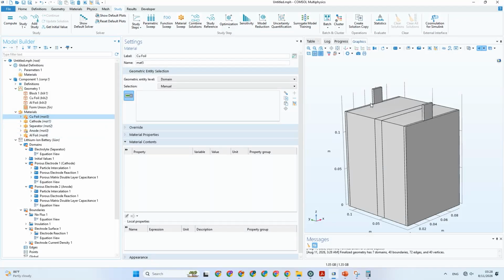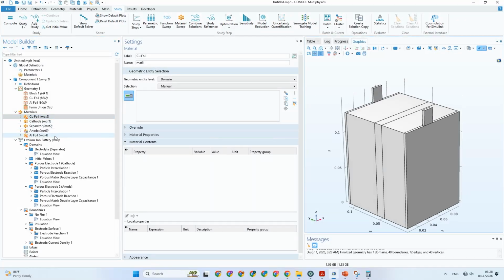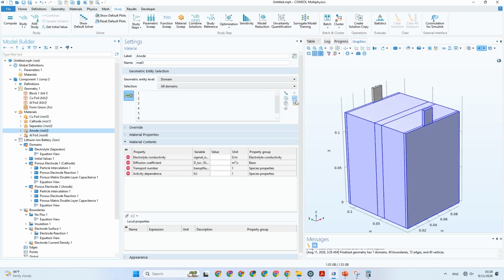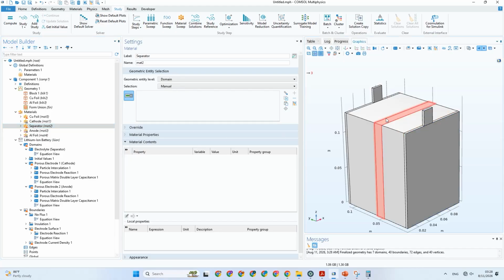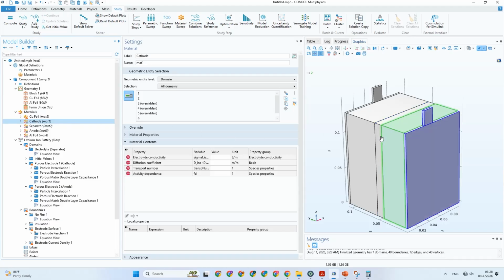Okay, this is CU foil, this is AL foil, this is anode, excuse me, this is CU foil, this is anode or negative, and this is separator, and this is cathode, and this is CU foil.